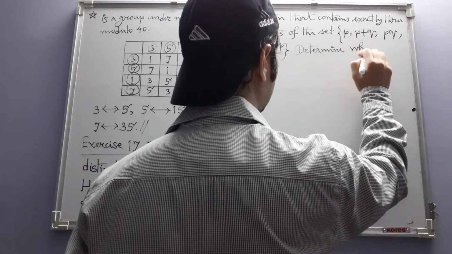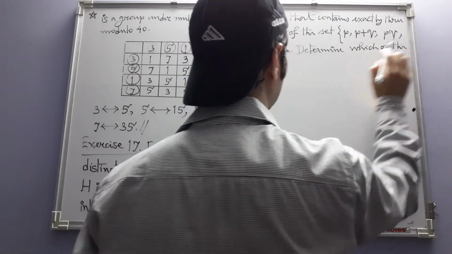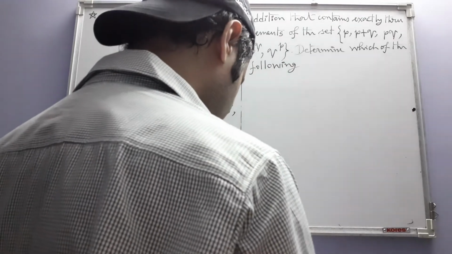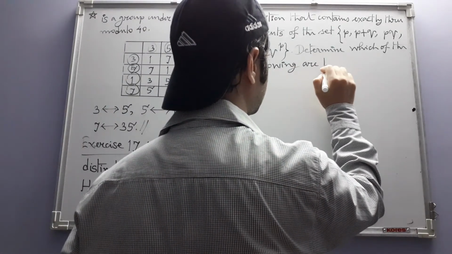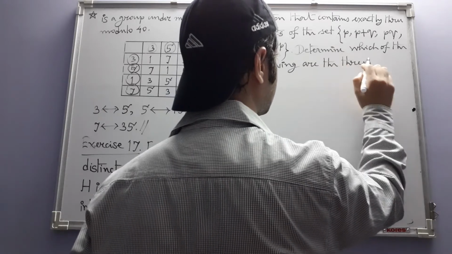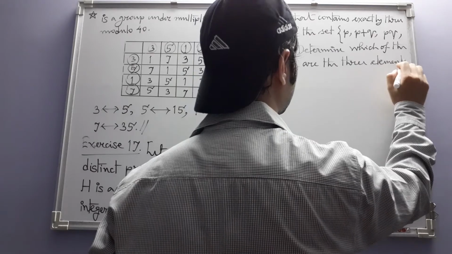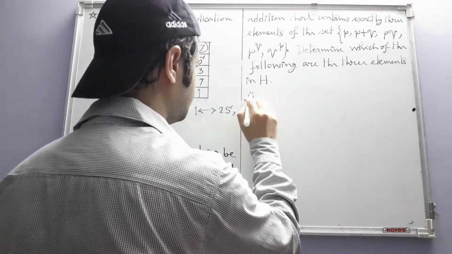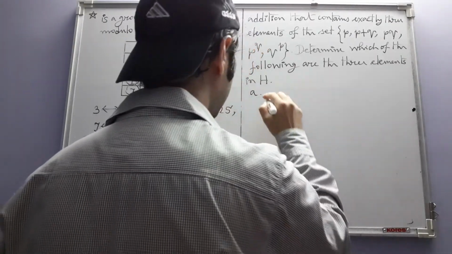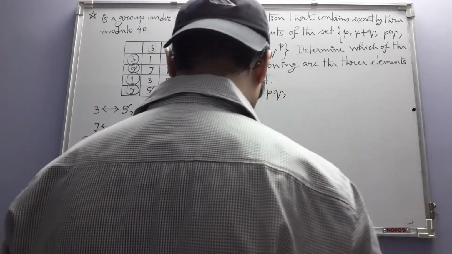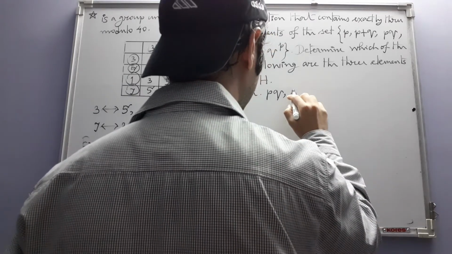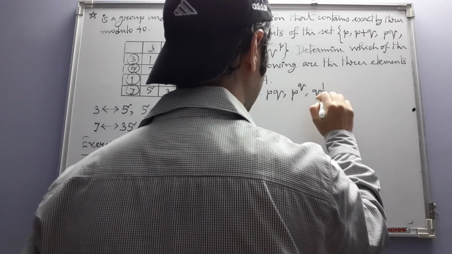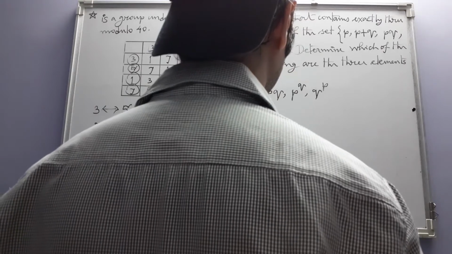Determine which of the following are the 3 elements in H. So groups of elements have been given: A, PQ, then P to the power Q, Q to the power P. Okay.